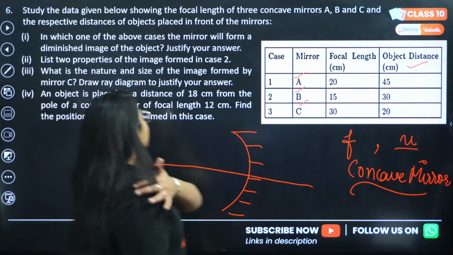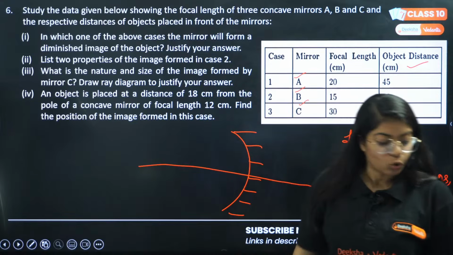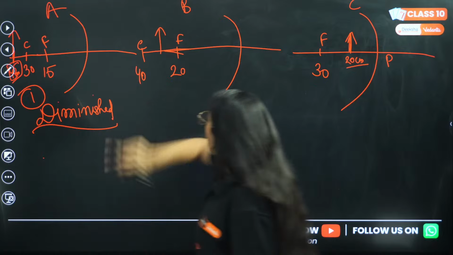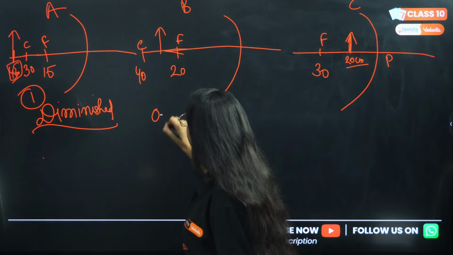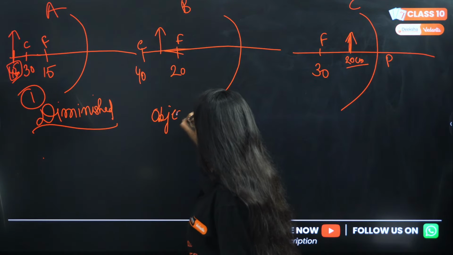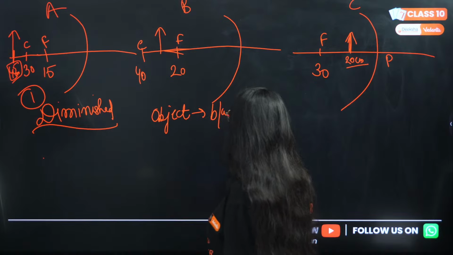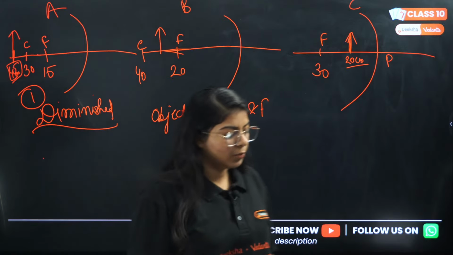List 2 properties of the image formed in case 2. What was case 2? The object is between C and F. First tell me, where will the image be formed?